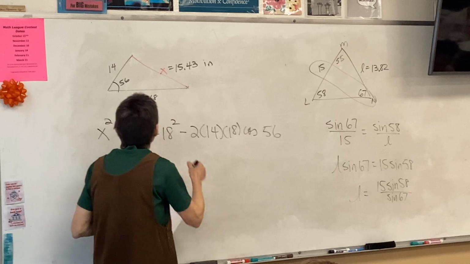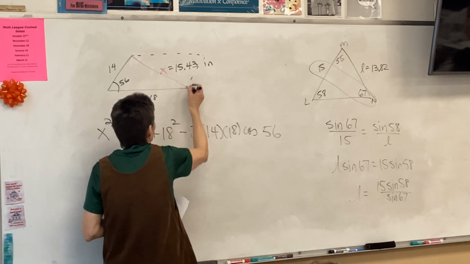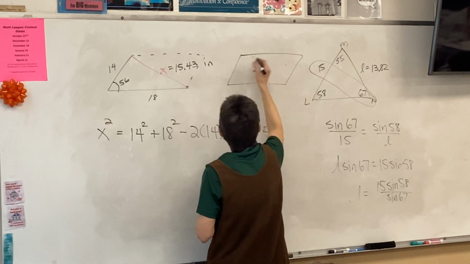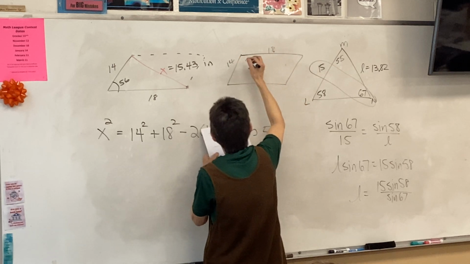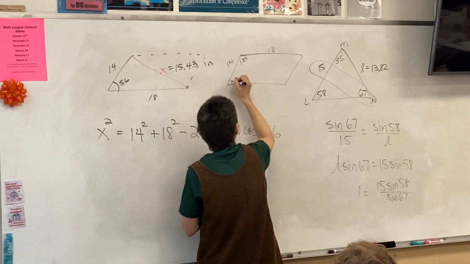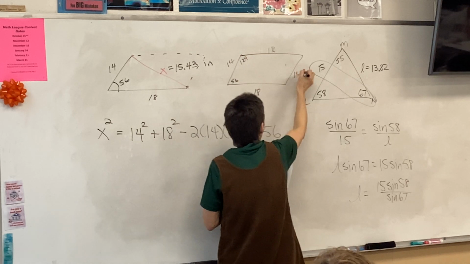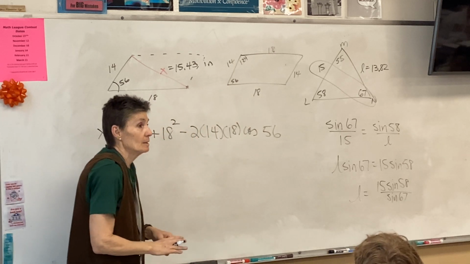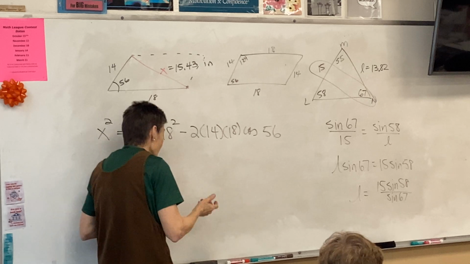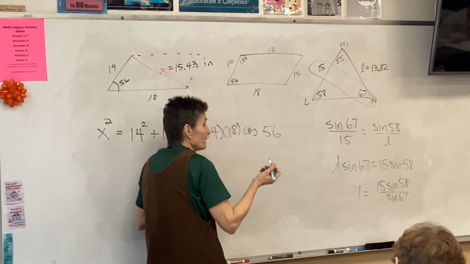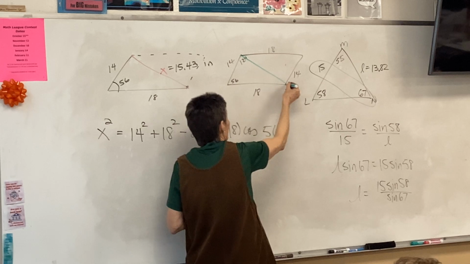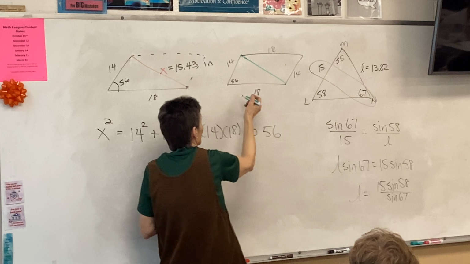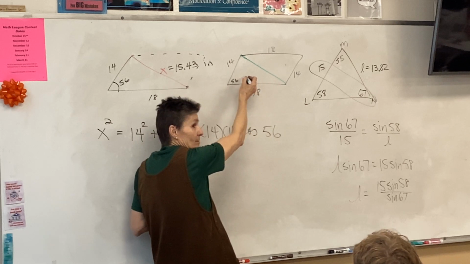Number 2 says we have the same parallelogram. So 14, 18, 124, 56. And we're going to find the area of that parallelogram. Can I go ahead and draw that in at diagonal again? Can I find the area of this triangle right here?